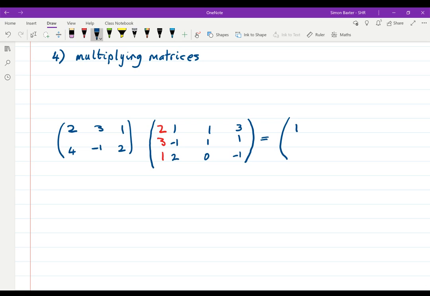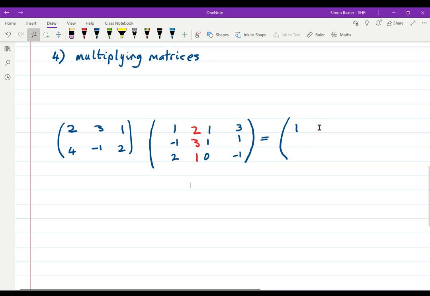Right, now let's look and see. I always like to work along the top row of my new matrix. I've got this one. This number was in the first row and the first column. The next number that I want to look at is in the first row and the second column. So I already have the first row of this matrix turned on end, and I multiply that by the second column.